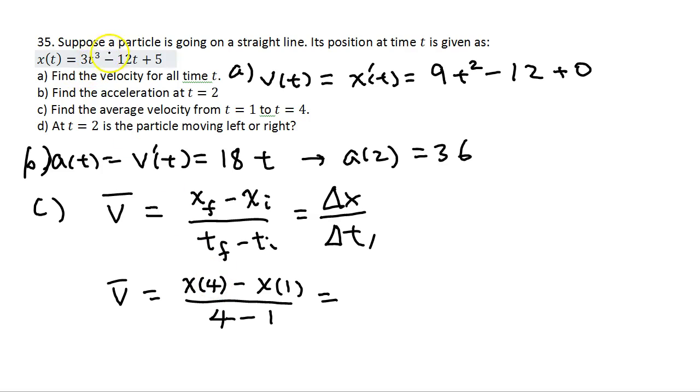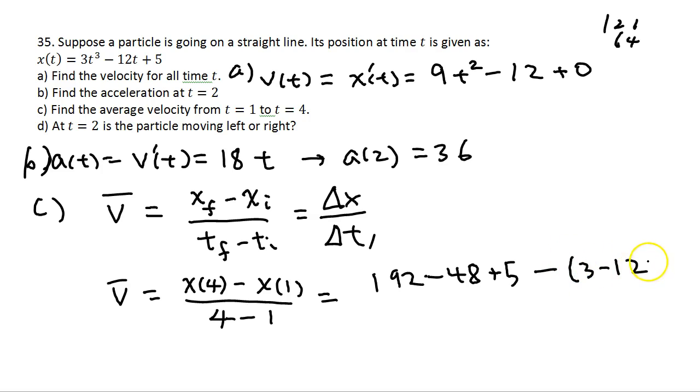x(4): 4 cubed is 64 times 3, that's 192, minus 12 times 4, so that's minus 48, plus 5, minus, if I plug in 1, that's 3 minus 12 plus 5, over 3.